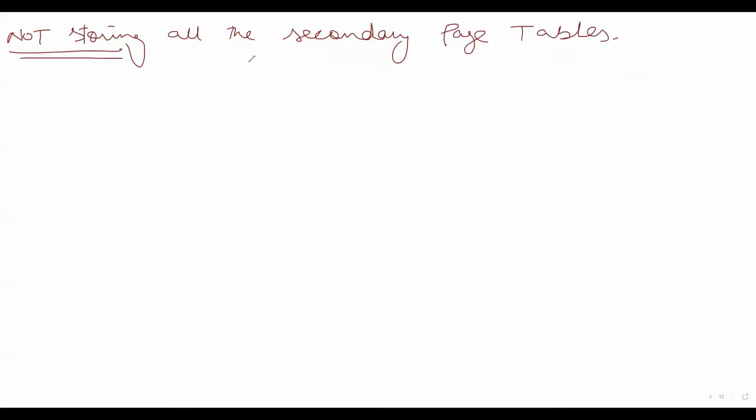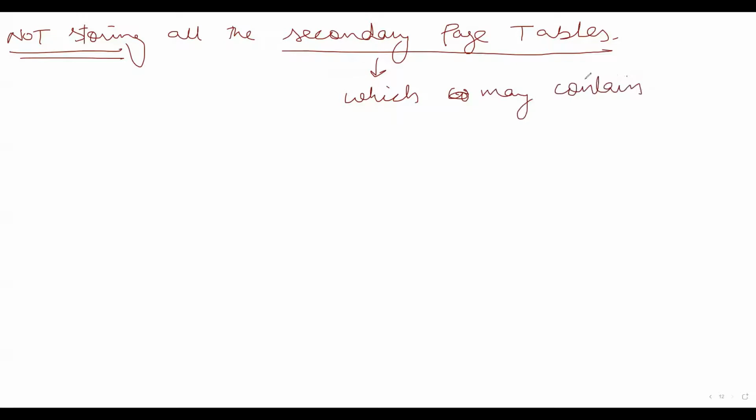We will use only those secondary page tables which may contain actual pages, because there are multiple pages, n number of pages, that are not used by the processor. So we won't store those page tables. And if we are not storing the page tables for those pages, that means we are saving memory.